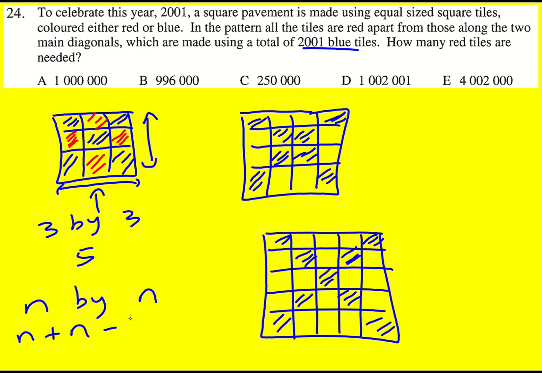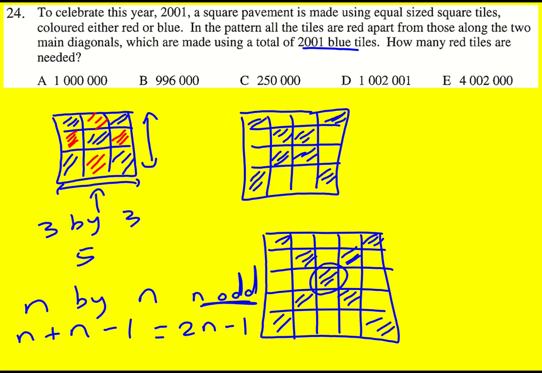We just need to minus 1 because we end up double counting the middle. So in an n by n grid where n is odd, the number of tiles along the diagonal is going to be 2n minus 1.